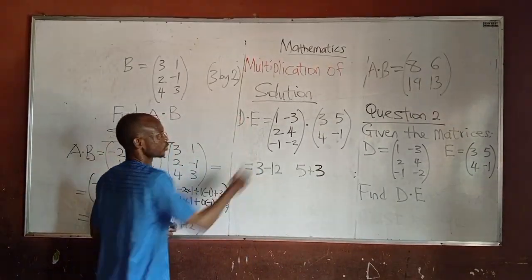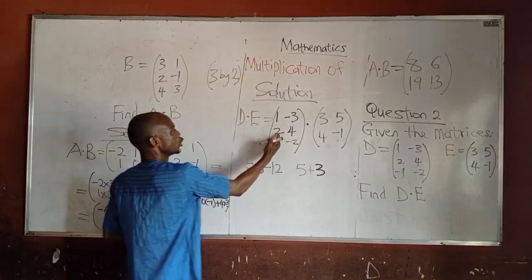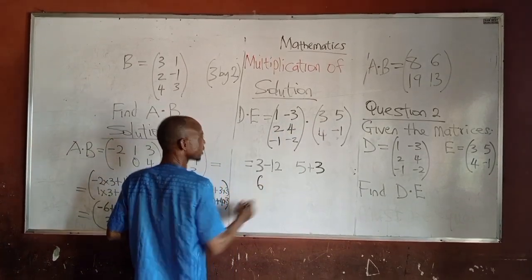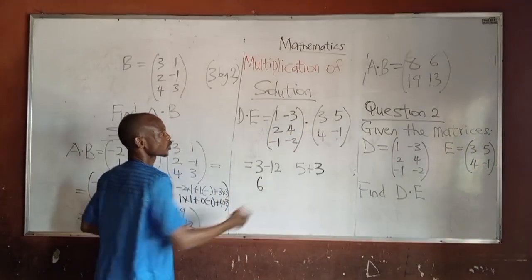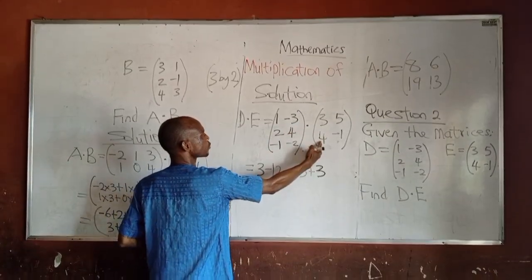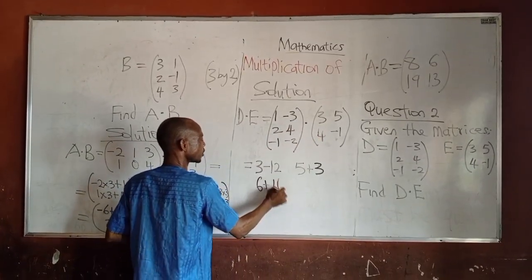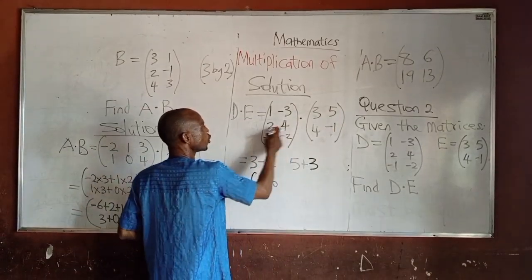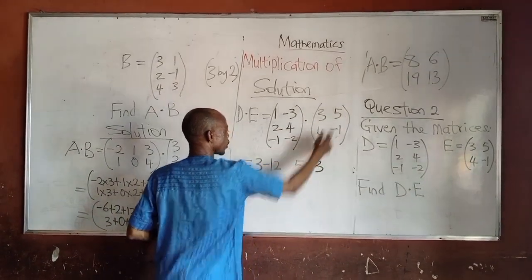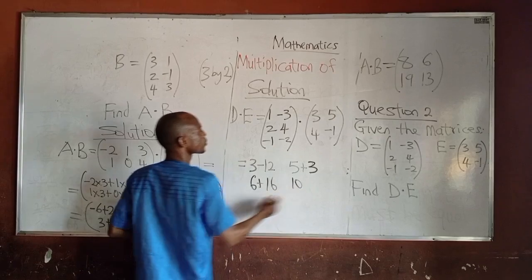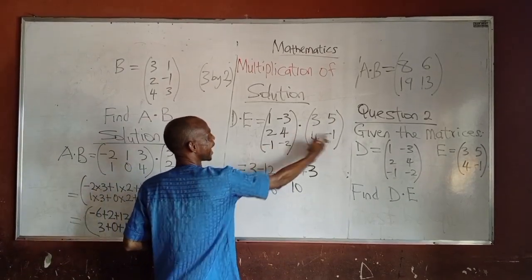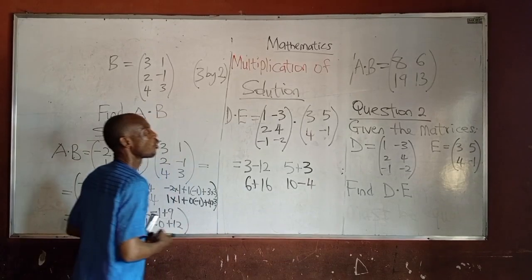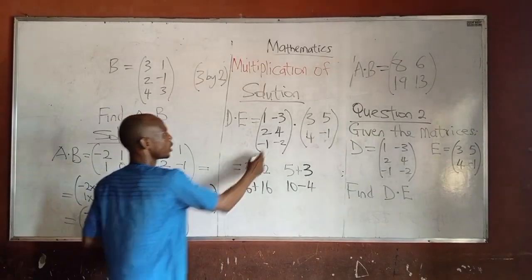We go to the next row here. 2 times 3 will give us what? 6. Plus 4 times 4 will give us what? 16. We go to the next column. 2 times 5 will give us what? 10. Then 4 times minus 1 gives us what? Minus 4. We go to the next row.